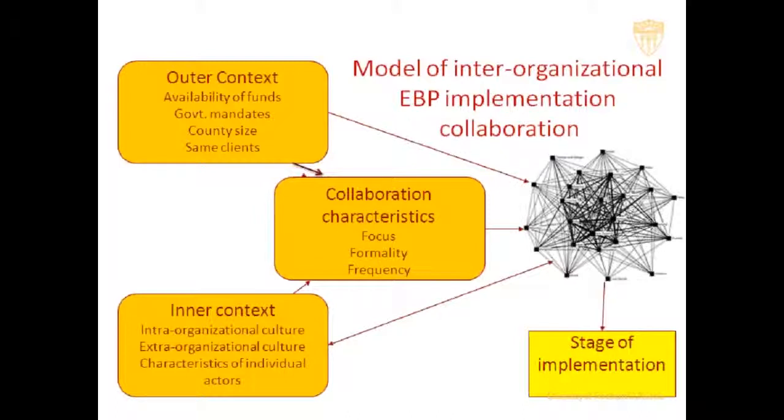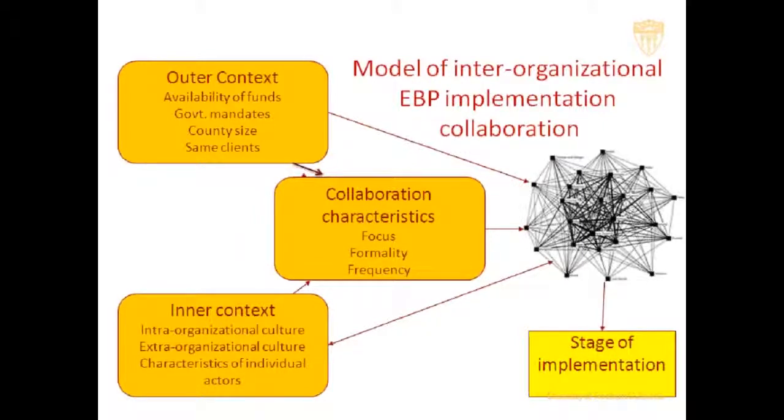At the bottom half of that figure, you'll see the inner context, where three sets of characteristics seem to be associated with that context. And that included the intra-organizational culture that has been shown in many studies to influence implementation, success, and outcomes, but also an extra-organizational culture.